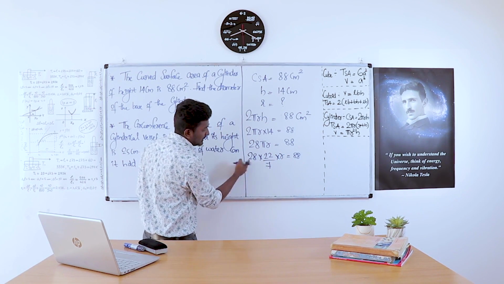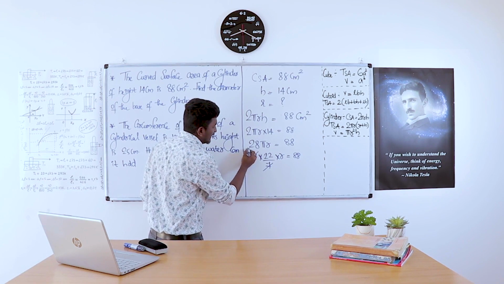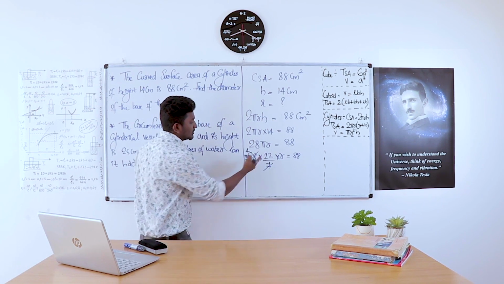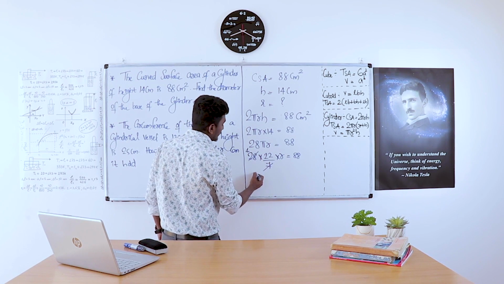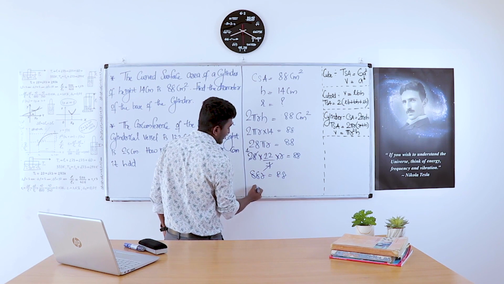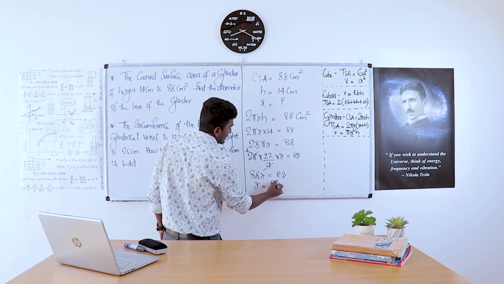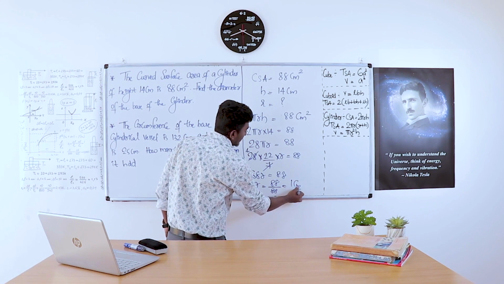Now look, 7 into 4 are 28. These 7 and 28 can be cancelled and written as 4. So what is 22 into 4? 20 into 4, 80, 2 into 4, 8. That is 88 r is equal to 88. Therefore, r is equal to 88 divided by 88, which is 1 centimeter.